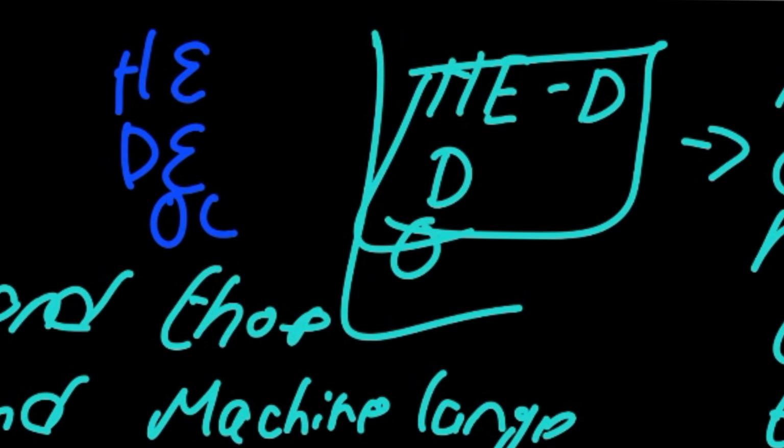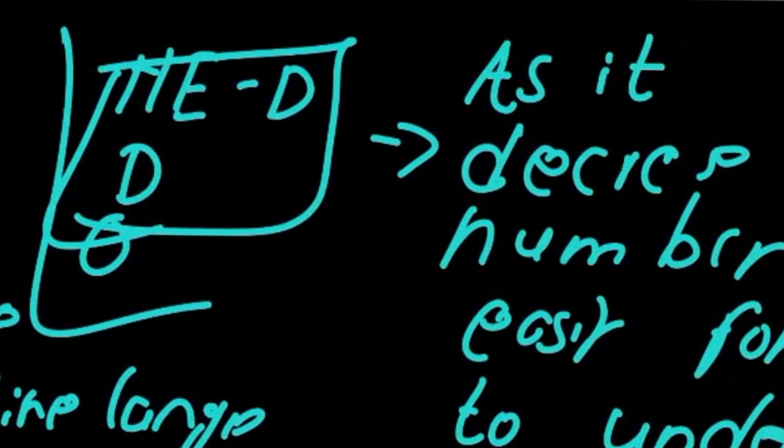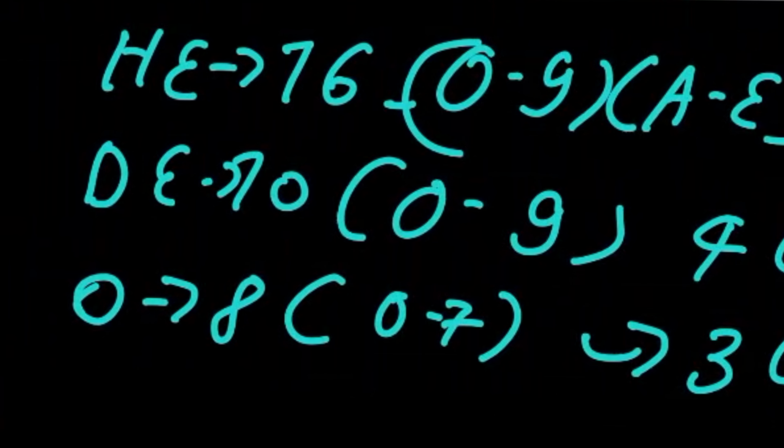That's it. Simply, these number systems are used because they help us understand the binary number system better. They shorten the length of the number by a lot, and a programmer who is looking into that can easily understand that. That's why hexadecimal, decimal and octal are used.